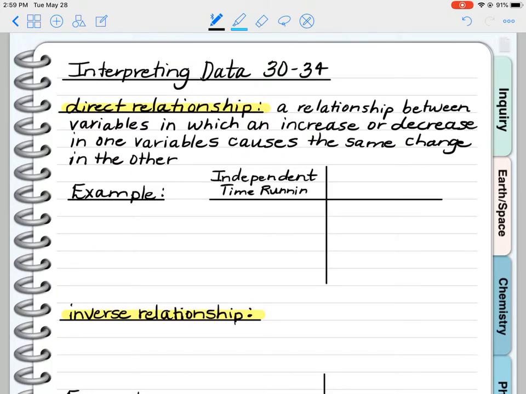So I go out to do a run and I'm going to time myself. So I have 5 minutes, 6 minutes, 7 minutes, 8 minutes, and 10 minutes.